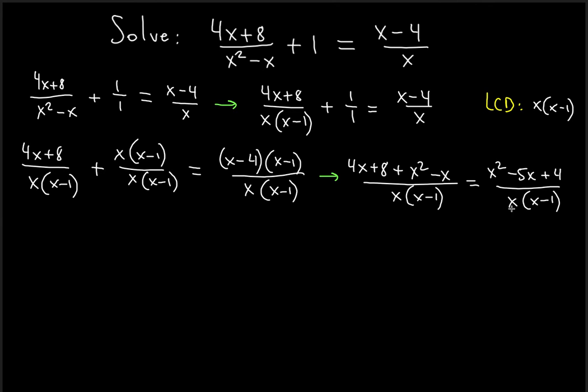Basically, what this means is that if we multiply both sides by x times x minus 1, we will get rid of these two. So as a result, the numerator of the left side is equal to the numerator of the right, and there's no more fraction. So we can just set this guy equal to that one.